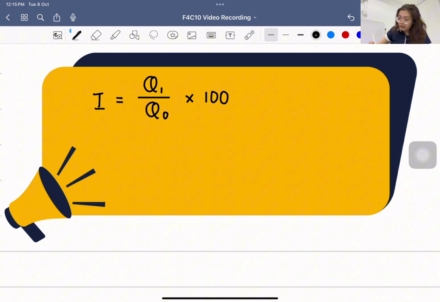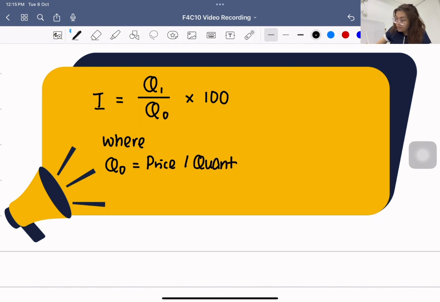Okay, so what are our Q0 and Q1? Q0 will be equal to the price or quantity at the base year.